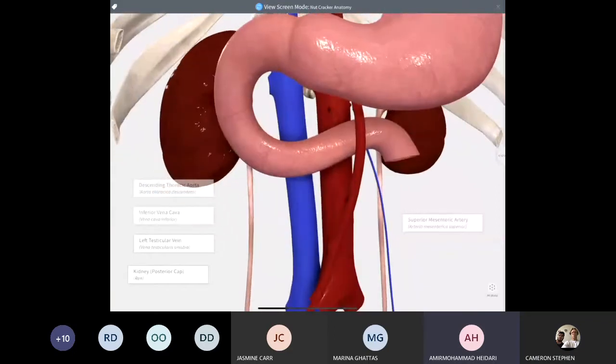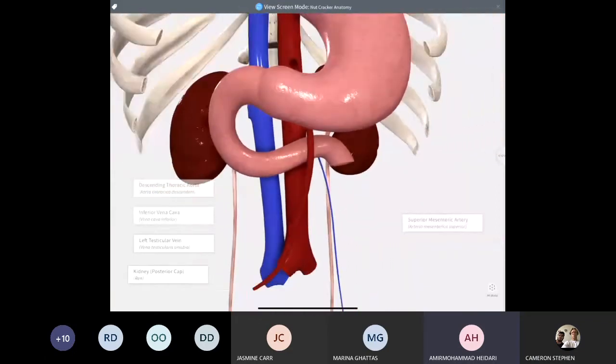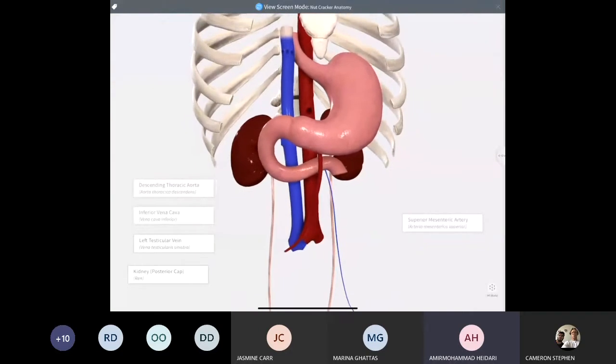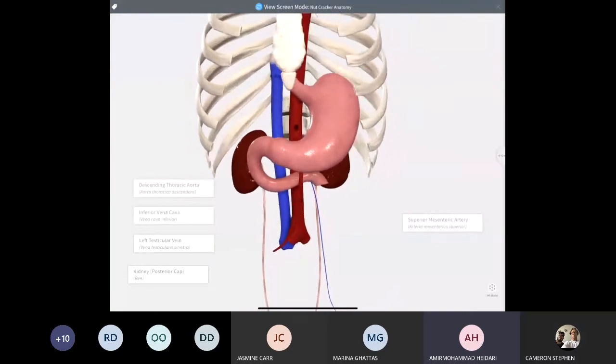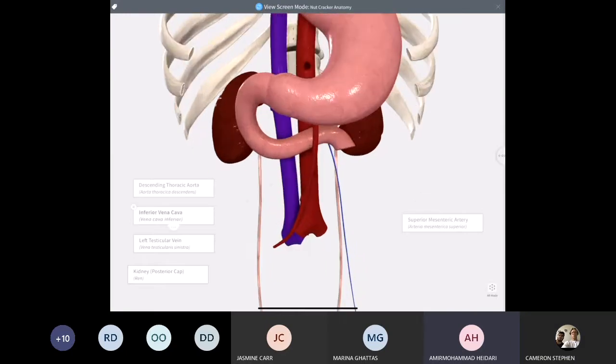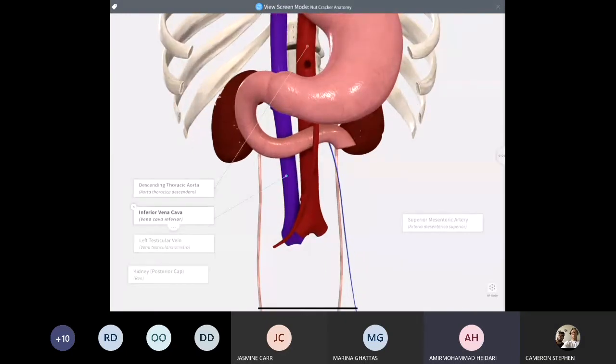And one more thing, it's most common to have varicosities in the left testicular vein. So in the left testicular vein, more likely to have varicosities. If you get it in the right side, it's more suggestive of malignancies or serious pathologies.